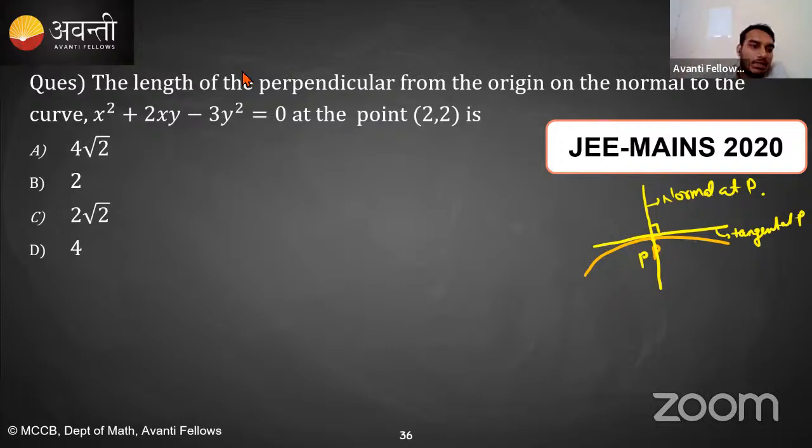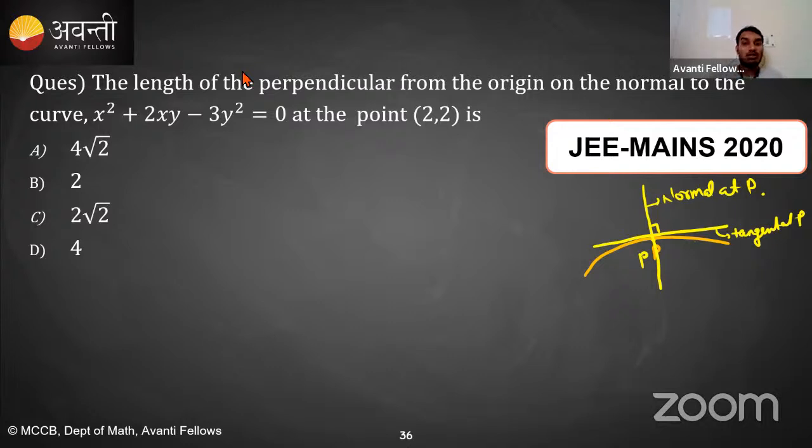If you look at the curve, it is not some weird curve, I promise you. You already know this curve. This is a homogeneous equation in degree 2, so it represents 2 lines passing through the origin.